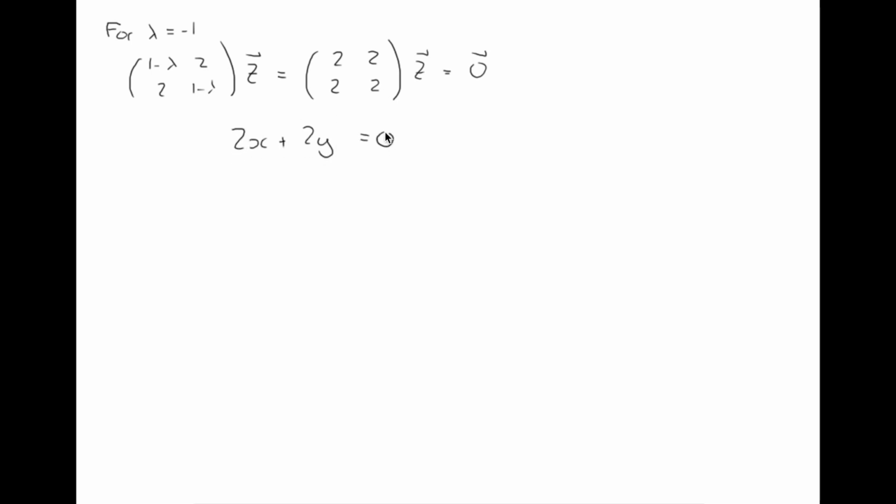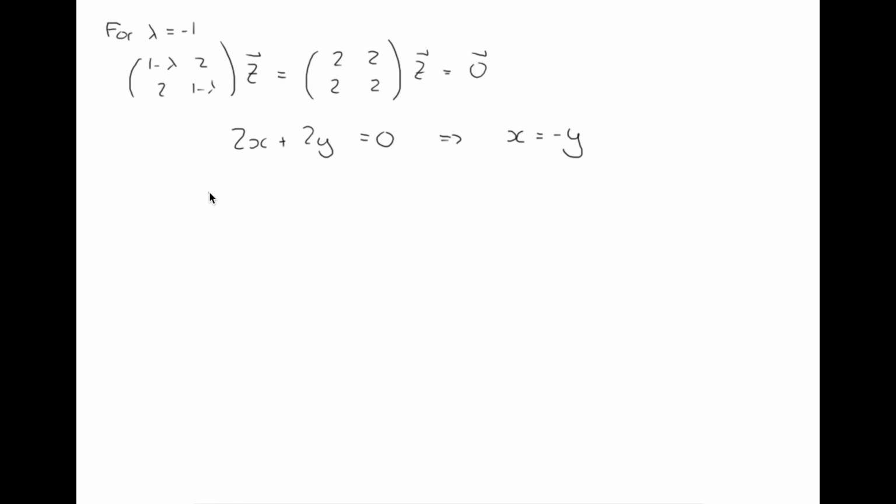So for lambda equals minus 1, we substitute this into our matrix in much the same way, but now we will get 2, 2, 2, 2 times z is equal to our 0 vector. Expanding out z in the exact same way gives the equation 2x plus 2y equals 0, and therefore x equals minus y.